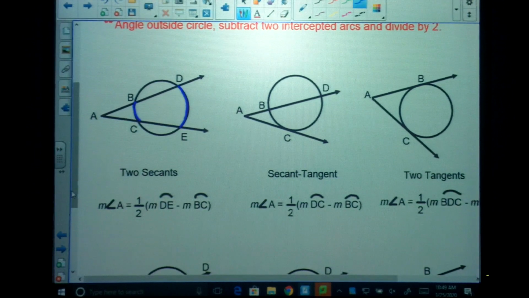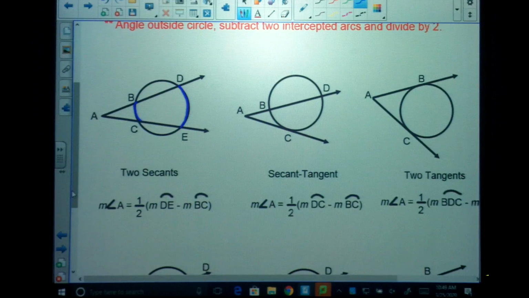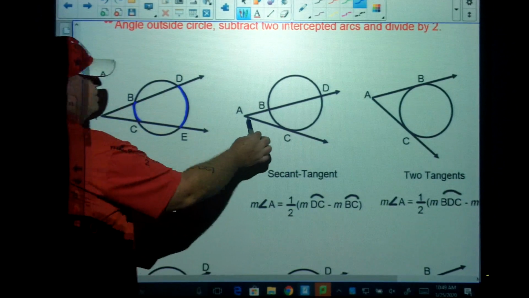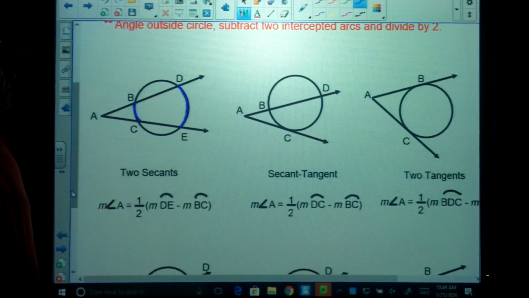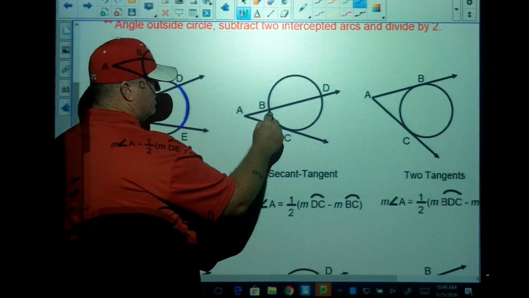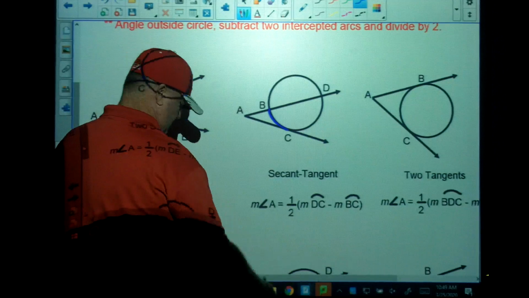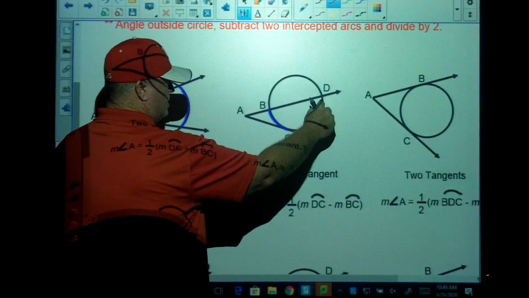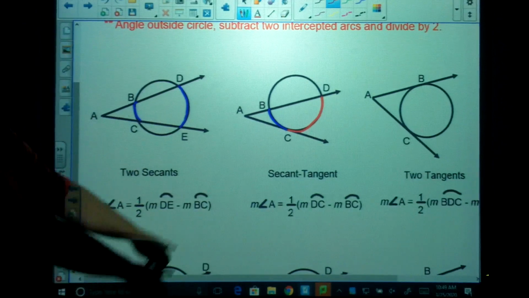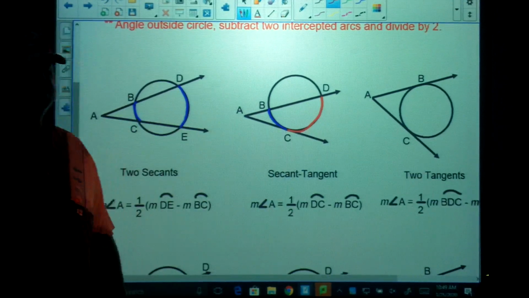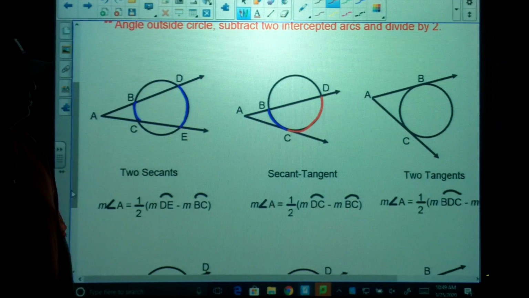On the second one, we have a secant and a tangent. Here's our secant, here's our tangent. So our intercepted arcs are here and here. So we find the measure of these two intercepted arcs, subtract them, and divide by 2.